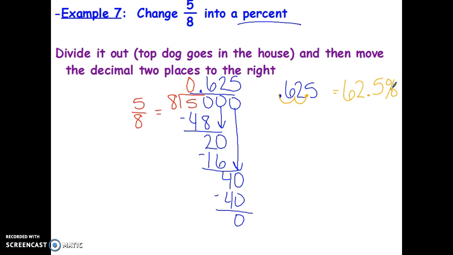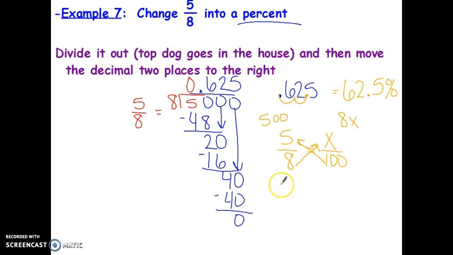Now another way to look at this is to say 5 out of 8 is equal to x out of 100, because percents are always out of 100. And so this is a similar proportion. We cross multiply. 5 times 100 is 500. 8 times x is 8x.